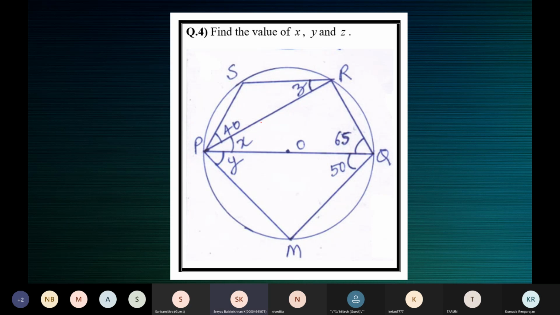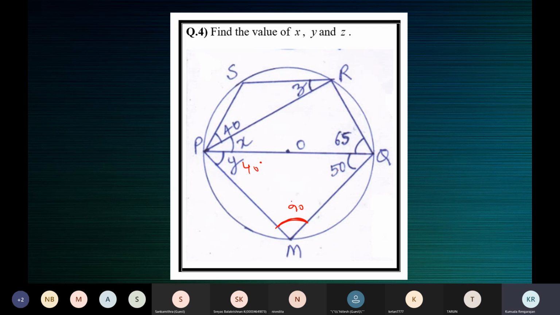Ma'am, we already know that angle PMQ is equal to 90 degrees. Angle in a semicircle is 90, ma'am. By the angle sum property, 90 plus 50 plus Y is equal to 180, so Y is equal to 40 degrees. Very good. This is one of the ways of doing it. In triangle PMQ, this is the angle in a semicircle, which is a right angle, 90 degrees.